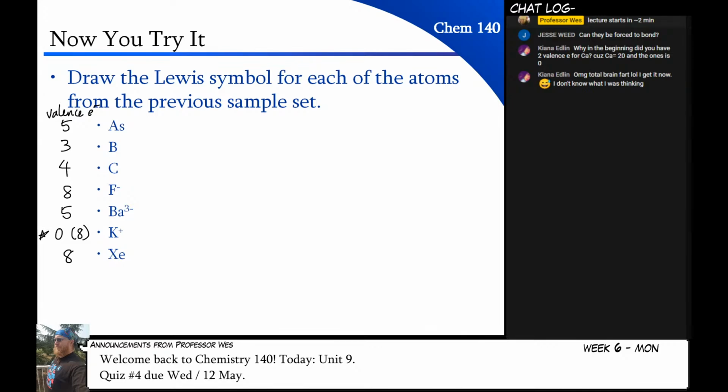I want you to draw the Lewis symbol of each of these atoms or ions. Make sure you include the brackets around it if you have a charge. So these three right here should have brackets. All right. I'll give you a few minutes to do that, and then we'll go over the answers. Then we'll probably do a break.